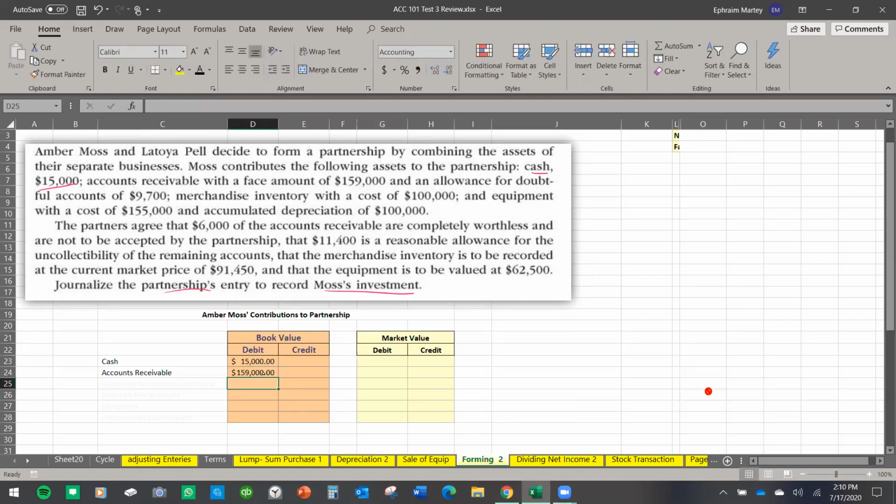After account receivable, he's also bringing allowance for doubtful accounts of 9,700, which is a credit account. And then he brings merchandise inventory of 100,000, which is a debit.